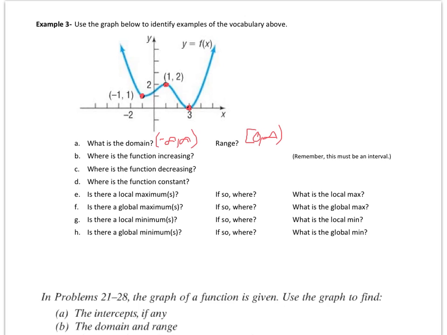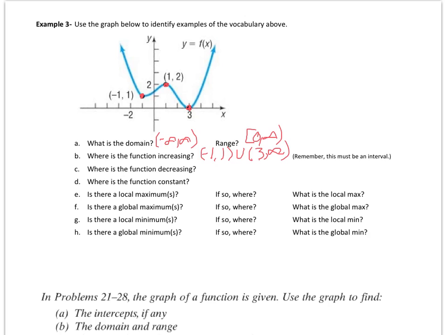All right, where is the function increasing? And again, remember this must be an interval. So it's increasing from where to where? From -1 to 1, and from 3 to infinity. Good, that's where it's going up from left to right.